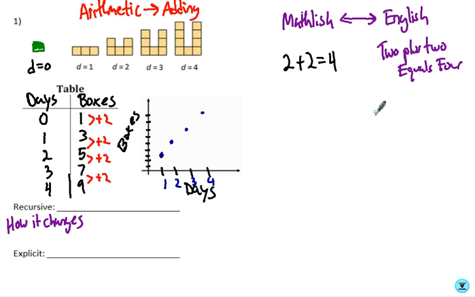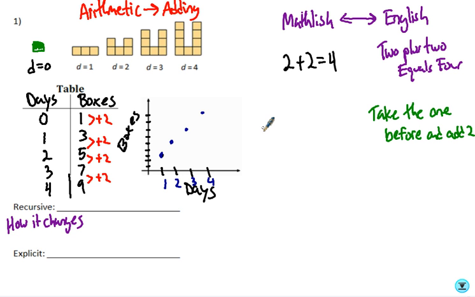Or if I wanted to get to this one, you take the one before it and then add 2. Take the one before and add 2. Okay, so that's what we would say in English. And so what we would say in Mathlish is, okay, take the one before it.